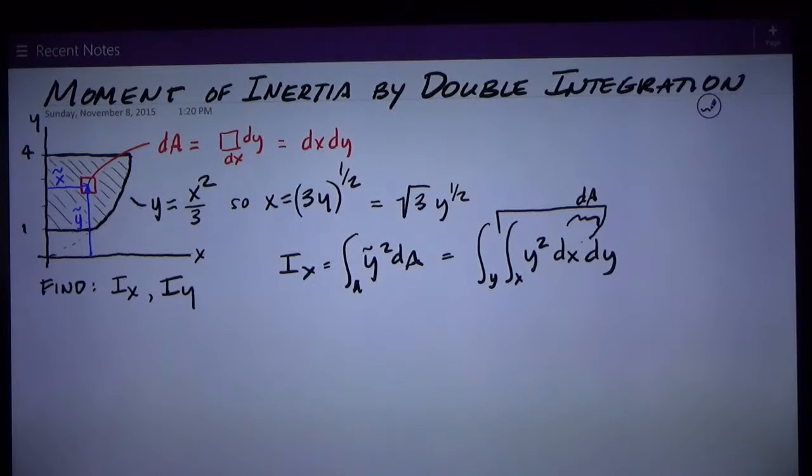We're going to integrate the inside integral first, which is real easy because with respect to x, y squared is just a constant, so the integral of y squared dx evaluates to y squared x.